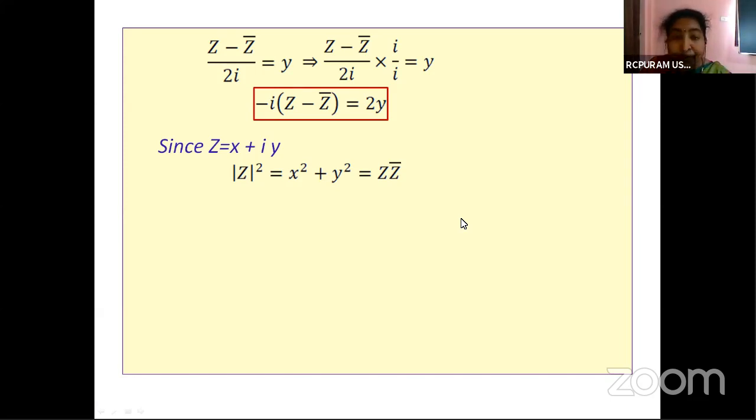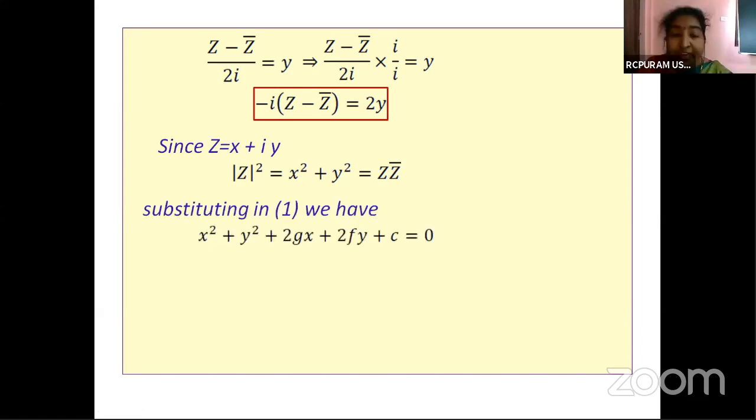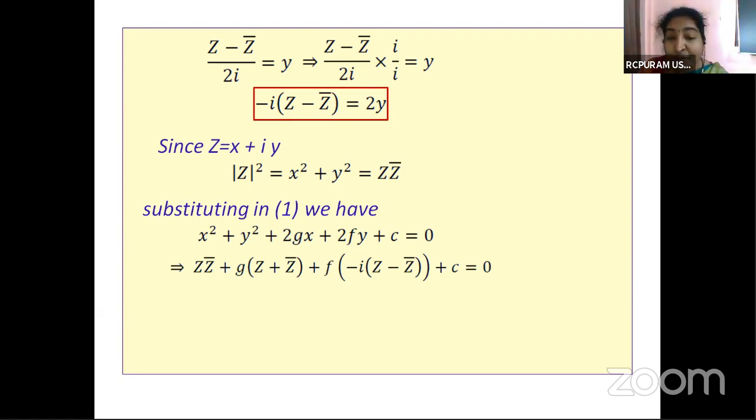When we substitute in 1, we have x square plus y square plus 2gx plus 2fy plus c equal to 0, right? This implies z z bar plus g into z plus z bar plus f into minus i into z minus z bar plus c equal to 0.